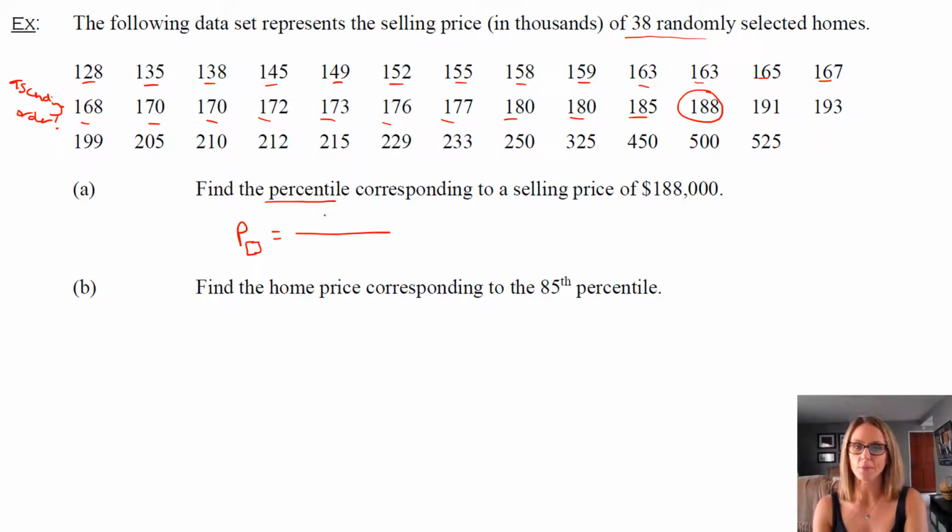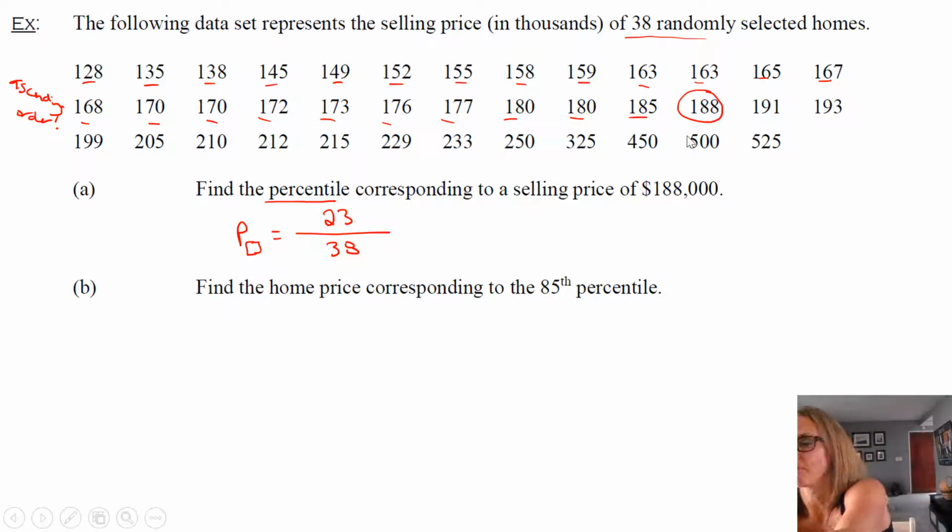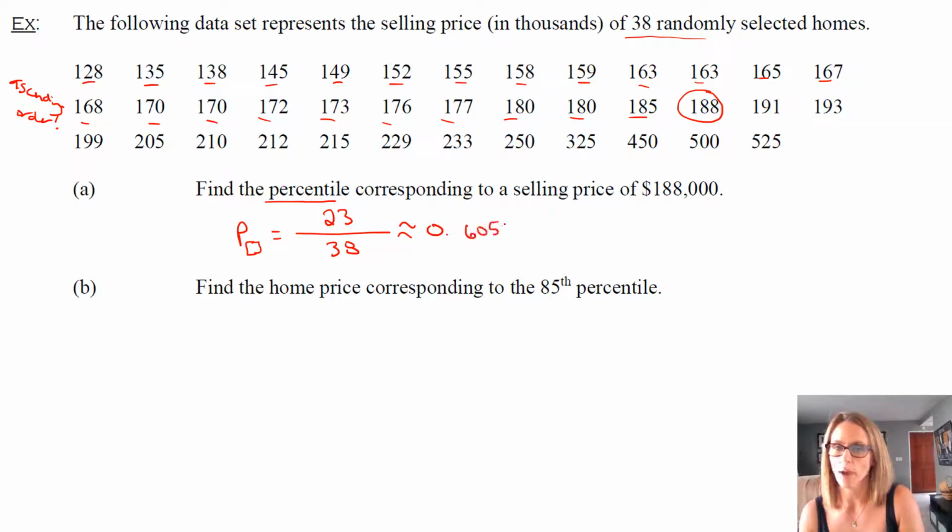So hopefully you counted 23. And then there are 38 total values, and that's the bottom, the total number of scores. So notice this is a fraction. We're trying to come up with a percent, so we need to change this. Put this into your calculator, and what you should find is that you get 0.60526, something like that.